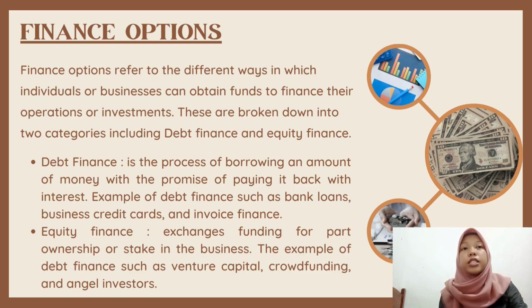Examples of debt finance are bank loans, business credit cards, and invoice finance. Equity finance exchanges funding for part ownership or a stake in the business. Examples of equity finance are venture capital, crowdfunding, and angel investors.